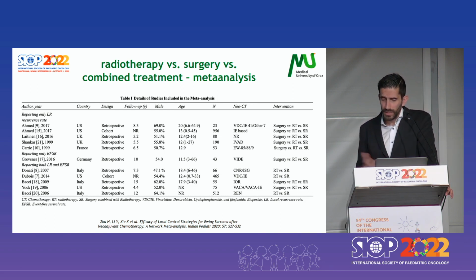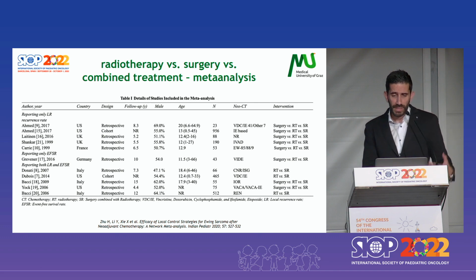And we know today that patients receiving the standards of VIDE or VDC/IE have a better prognosis than patients receiving VACA or EVAD. And these are patients that are pooled together here. So we need to be mindful of the data that we use in our meta-analysis when we try to make sense of what local treatment modalities actually achieve.